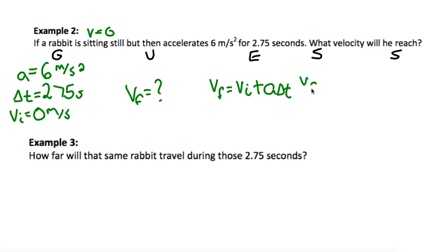So velocity final will equal Vi, which is nice, is just 0, plus acceleration, which is 6, multiplied by the time, which is 2.75. Alright, the nice thing about this being 0 is this just goes away. We don't have to worry about adding 0 to something. So to solve this, the only step you have to do is multiply 6 times 2.75.